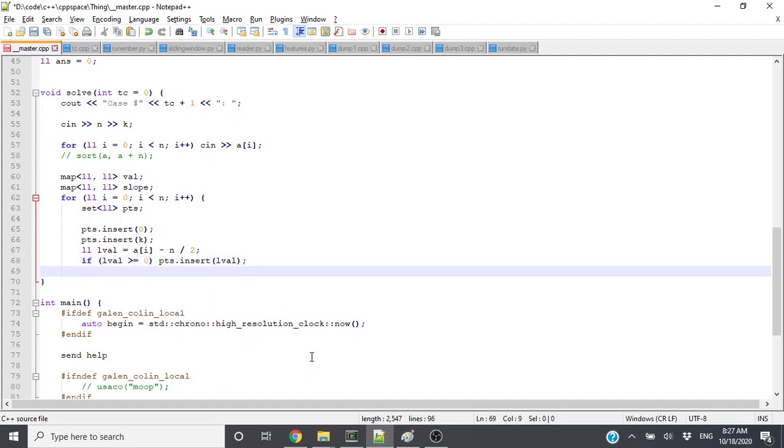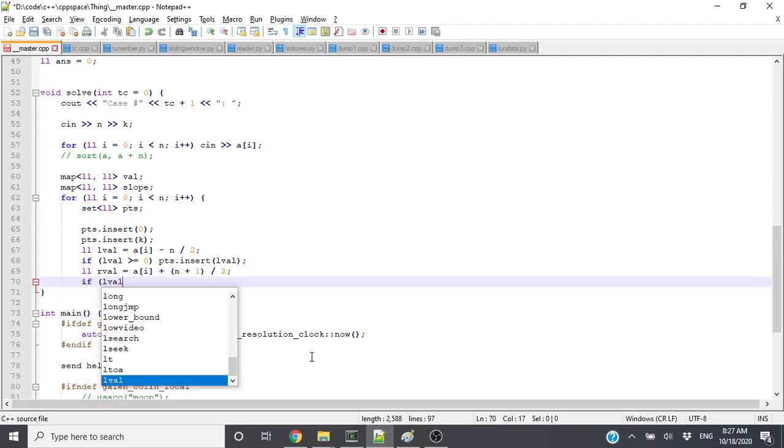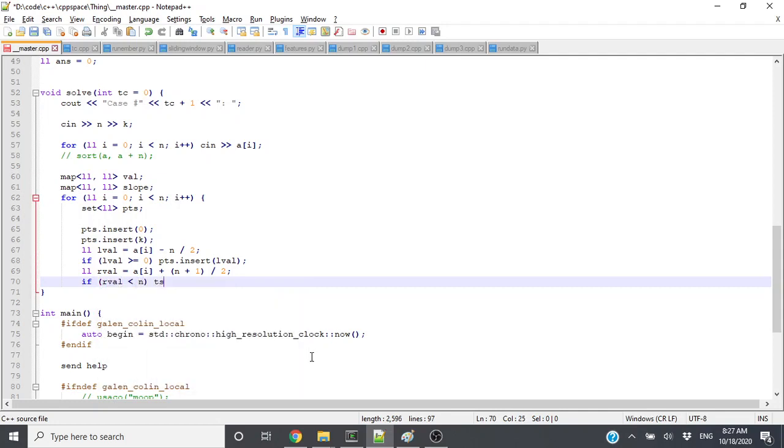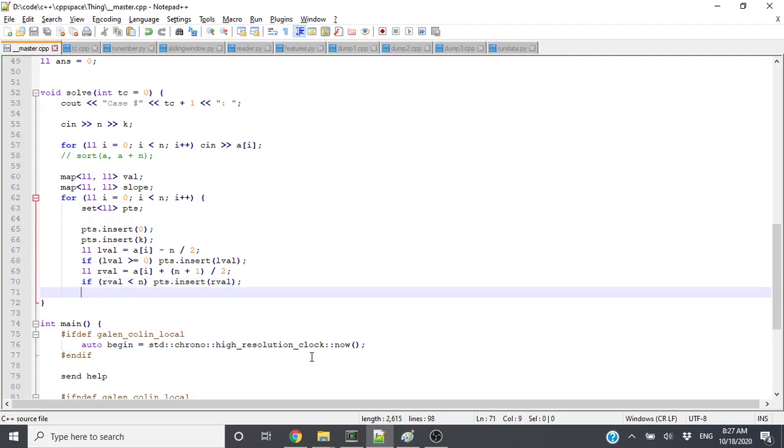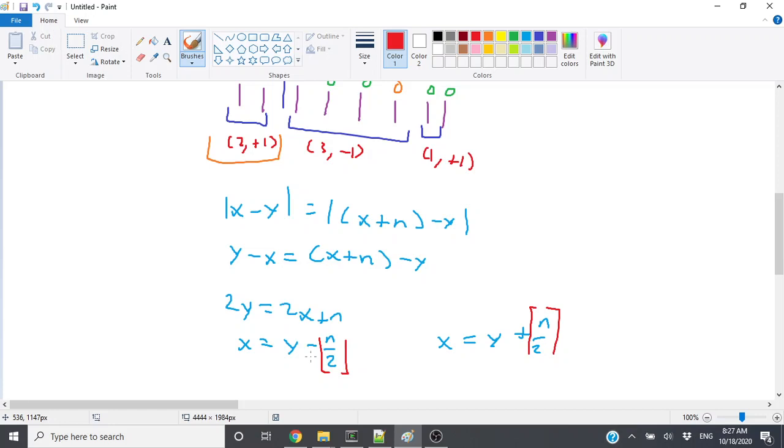Then plus ceiling is the same as ceiling. And if it's within the range, points dot insert. N is kind of special, isn't it?